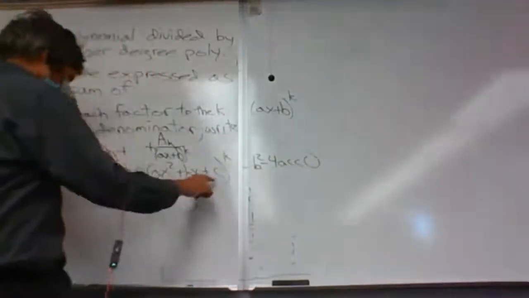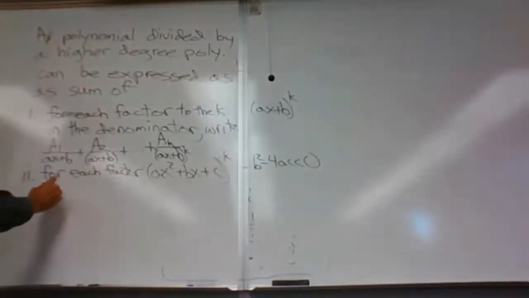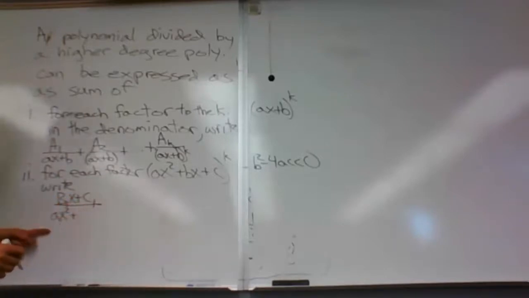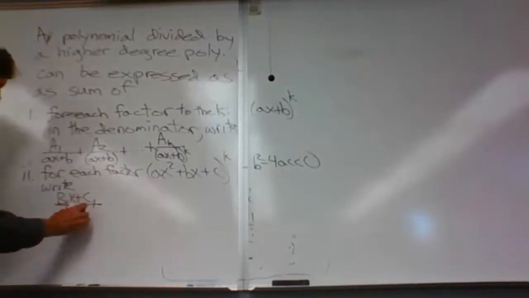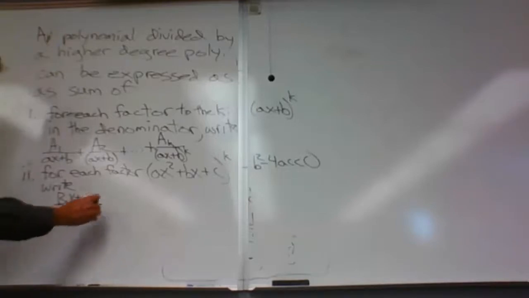So for each irreducible quadratic to the k, we write b1x plus c1 over that irreducible quadratic. A quadratic just means a second degree polynomial. That's why quadratic equation is ax squared plus bx plus c equals 0, right?